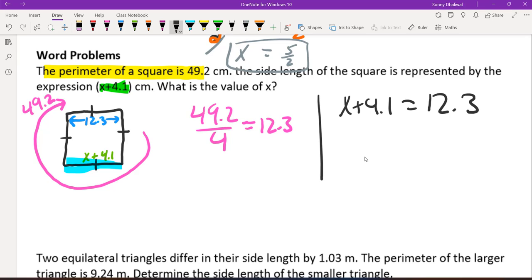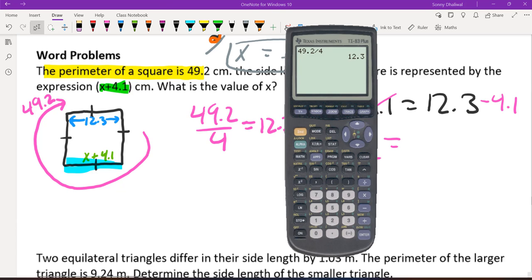So now we need to find the value of x. We have a little equation. That 4.1's got to go. Do we divide it? Multiply it? Add it? Subtract it? Subtract. It's positive 4.1 here, so we subtract 4.1, and the opposite on the other side. So x equals 12.3 minus 4.1.